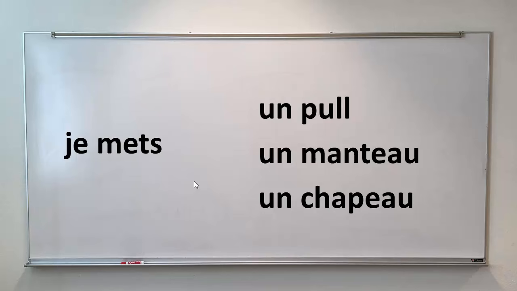It can also mean to put on, as in to put on an item of clothing, and the on is understood. So when you say je mets un pull, you're not saying I put a pullover, you're saying I put on. The on is understood. Je mets un pull. And there you have it, the verb mettre, a brief introduction.